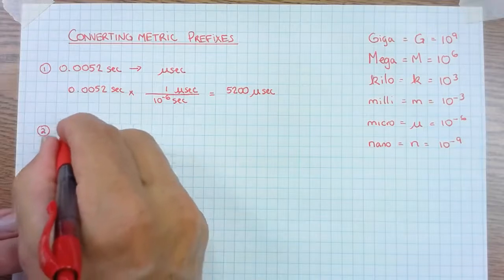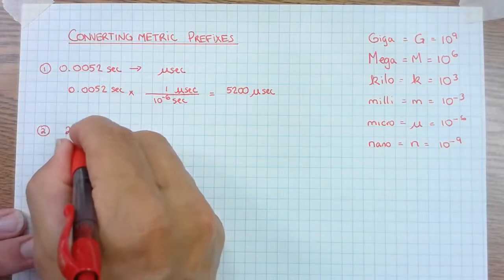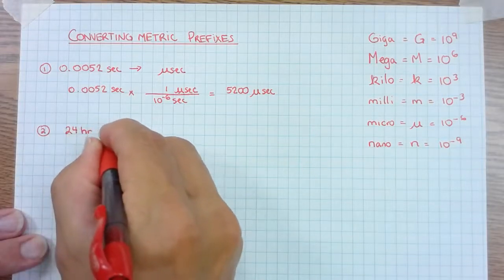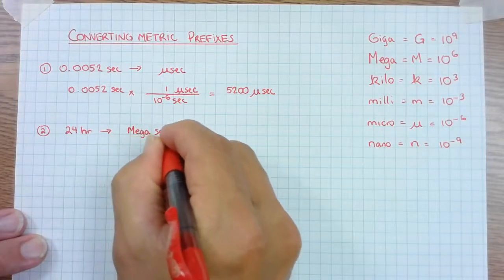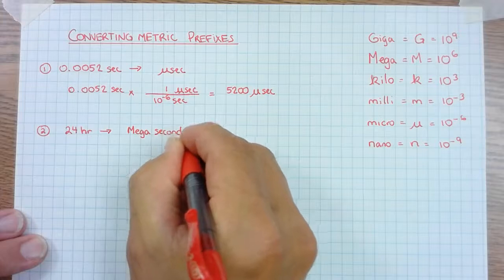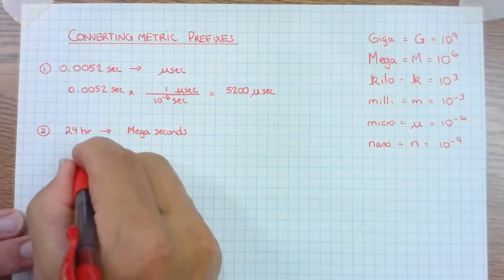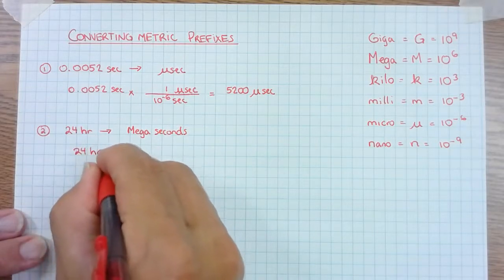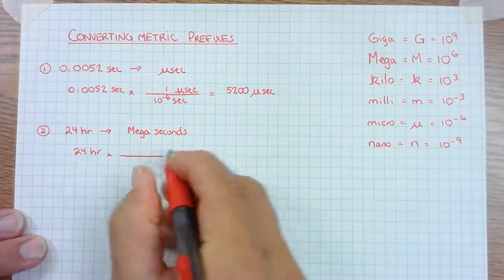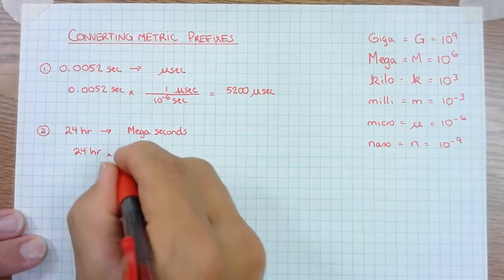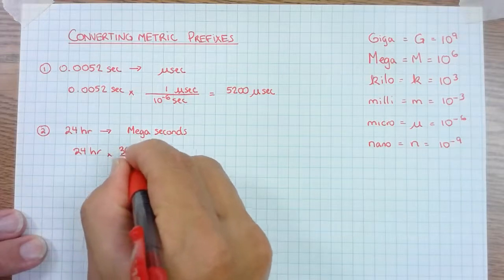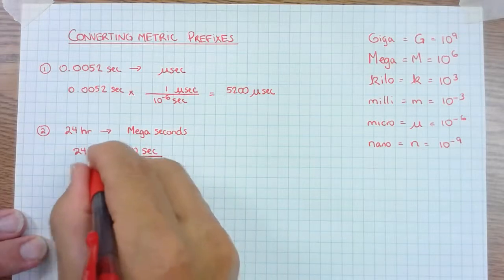Suppose I start with 24 hours, and I want to convert that to megaseconds. Okay? So I'm going to start with 24 hours. I'm going to multiply by a factor which gets rid of the hours and gets me seconds. And you guys know there are 3,600 seconds in 1 hour, so the hours are going to cancel.